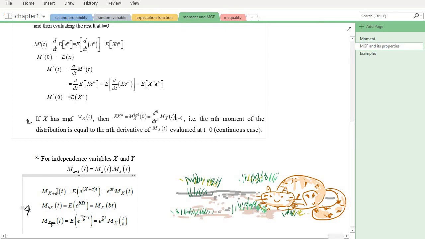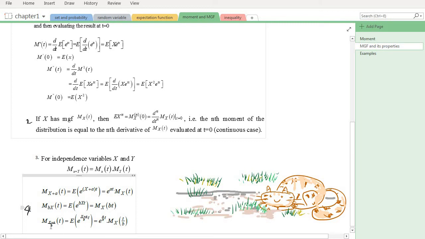This is the moment generating function for a term x plus a, where a is a constant. To find the moment generating function of x plus a, it will give us e to the power of at times the moment generating function of x. And for the term bx, the moment generating function of bx will give us the moment generating function of x at b times t.